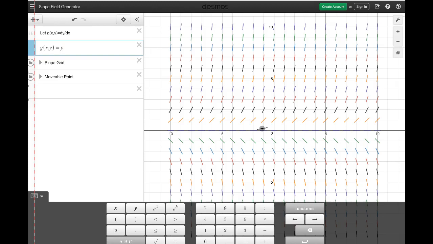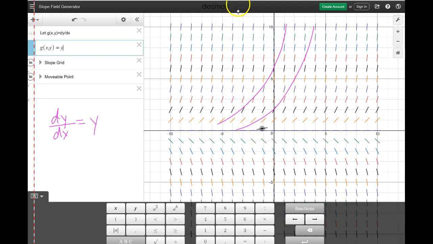What does this flow look like? It should look like an exponential equation. Why? Because e to the x is its own derivative, correct? So if we're looking at dy dx equals y, we're looking at an exponential function.